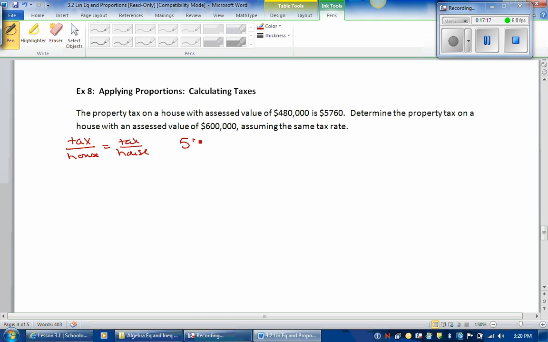So we set up this ratio: my tax for my original house and the house's original cost, equal to whatever the tax is on a house that's worth $600,000. Again, you're going to cross multiply and use your calculator.